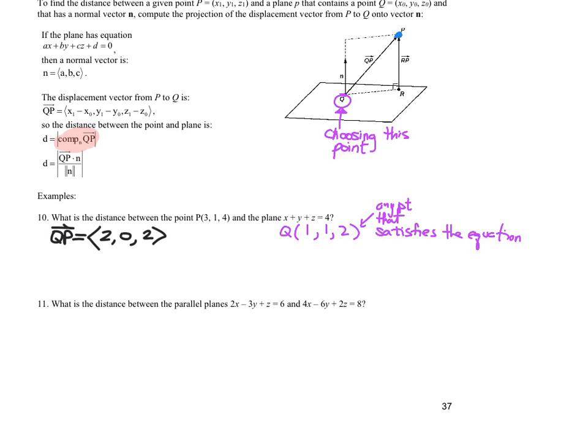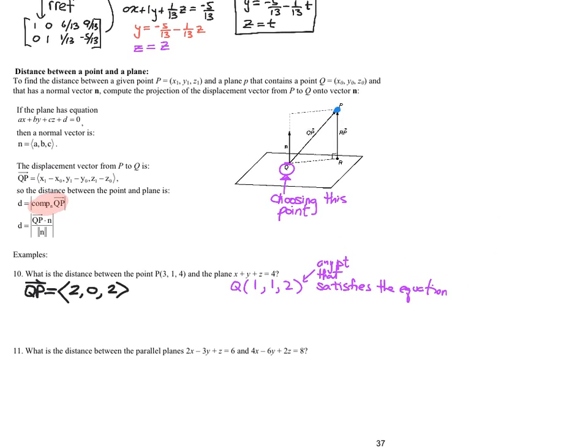Theoretically, we can't figure out a distance when we don't know the two endpoints. I know where point P is. I have no idea where point R is. But what I can do is figure out the component of QP acting in the direction of the normal vector n. If I do that, it gives me a distance that is parallel to the one I'm looking for.